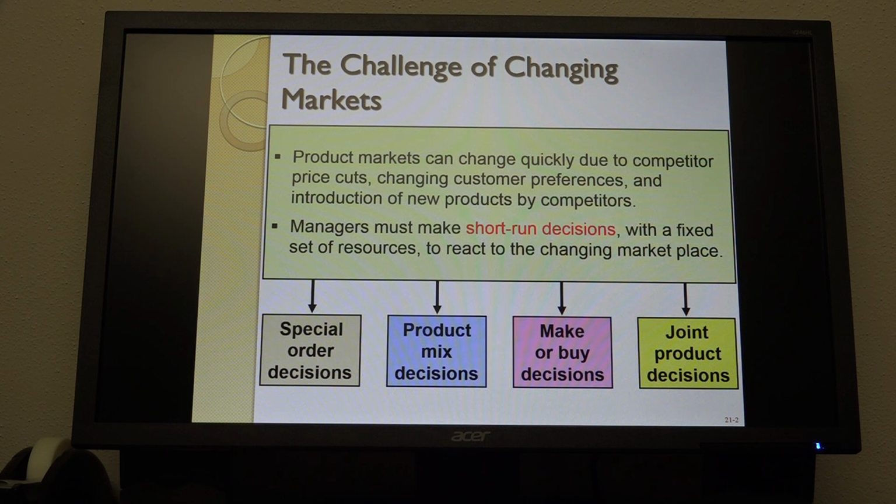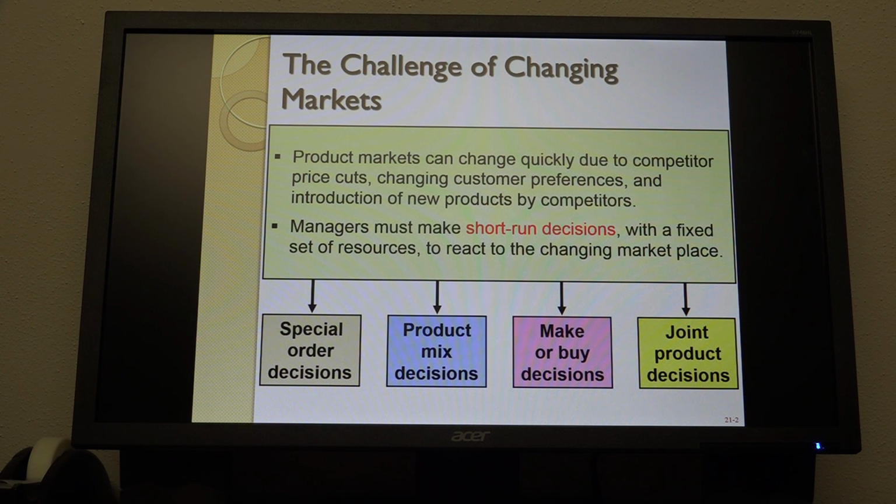And so managers have to respond to these changes with these short-term decisions, with a fixed set of resources, unless top management's able to come up with additional resources. Usually, though, you're fixed with what you got, what you've been budgeted for, and you have to react to the changing market prices.